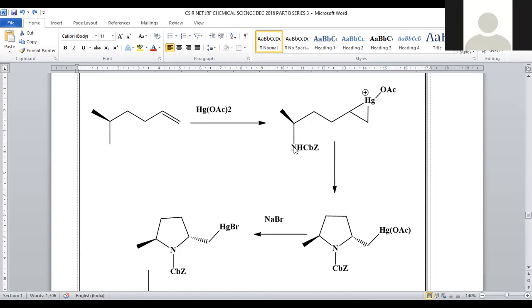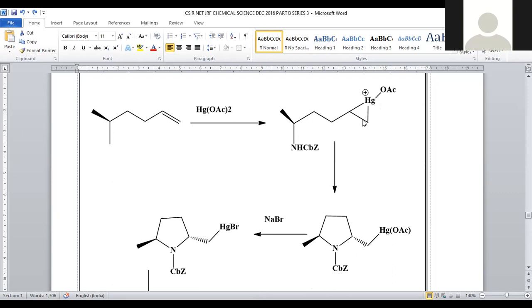When it participates in cyclization, nitrogen 1, second carbon, third carbon, fourth carbon, fifth carbon, so a 5-membered ring formation is possible. Being 5-membered is highly stable, right? In ring systems, 5-membered is more stabilized, so here we get an NCBZ containing 5-membered ring, and the remaining functional groups as such. This methyl remains as such.